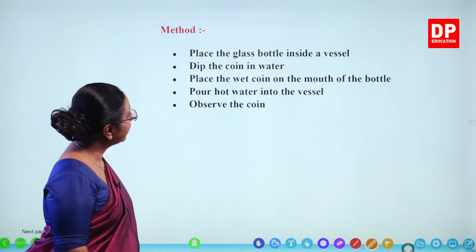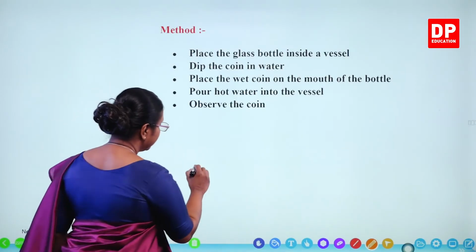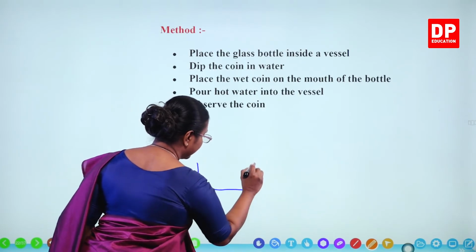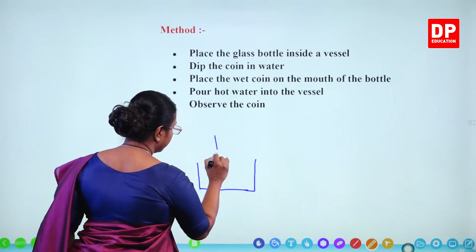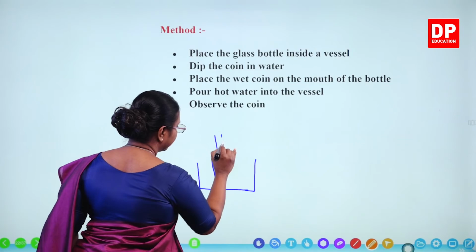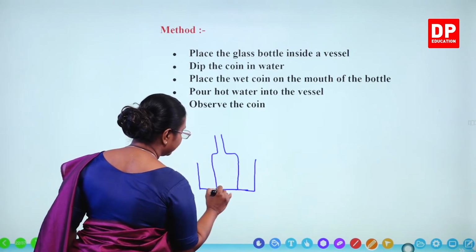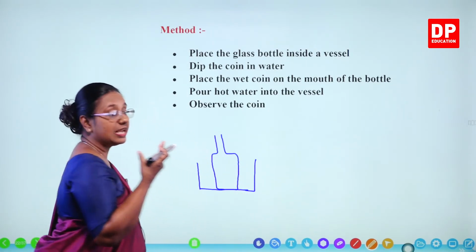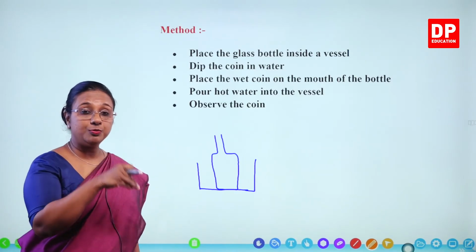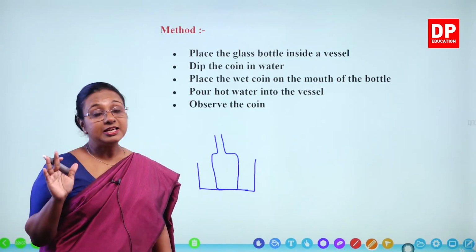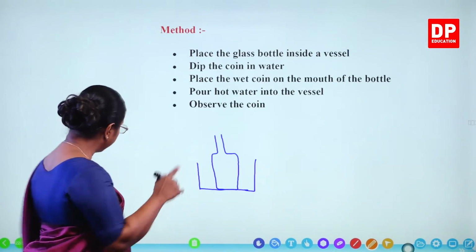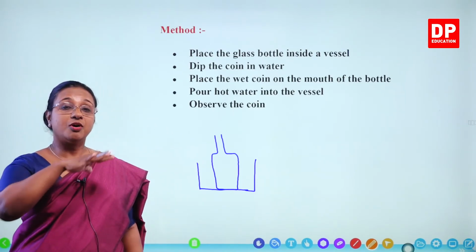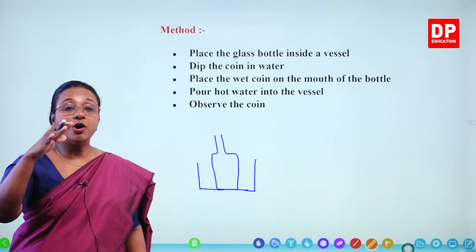Place the glass bottle inside a vessel. So you need to have the vessel here. You will have the glass bottle like this here. Then we take a coin and wet it, dip it in water. The reason is, students, all coins have designs and markings on either side.